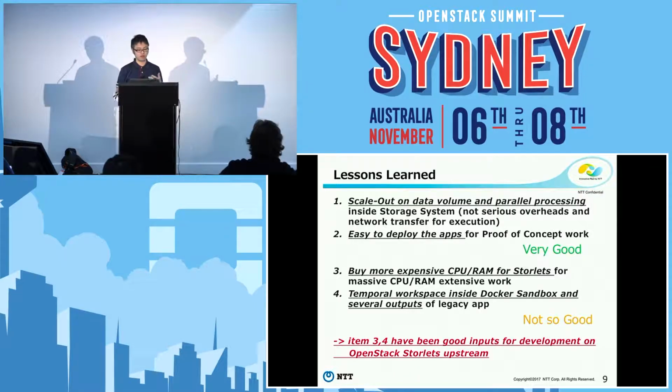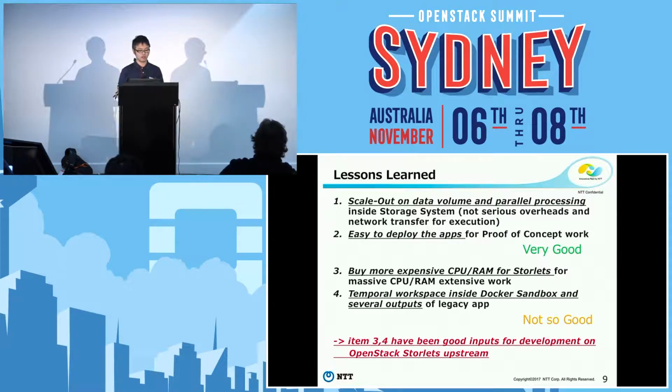The first is that I'm really sure it can scale, especially in data volume and parallel processing, even for this 3D mapping model of our use case. The second is that it is really easy to deploy the application, so we could progress our proof of concept work immediately. However, items three and four are not good enough for us currently.